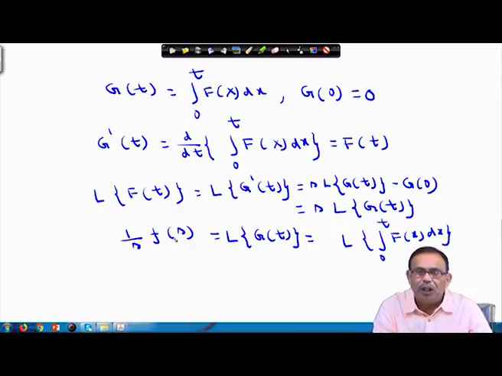So, therefore, if I know that the Laplace transform of f(t) is F(s), then the Laplace transform of the integral from 0 to t of f(x) dx equals 1/s times F(s). So, this is the theorem. In other words, if I know the Laplace transform of a function, then I can find out the Laplace transform of the integral of that function also. Thank you.